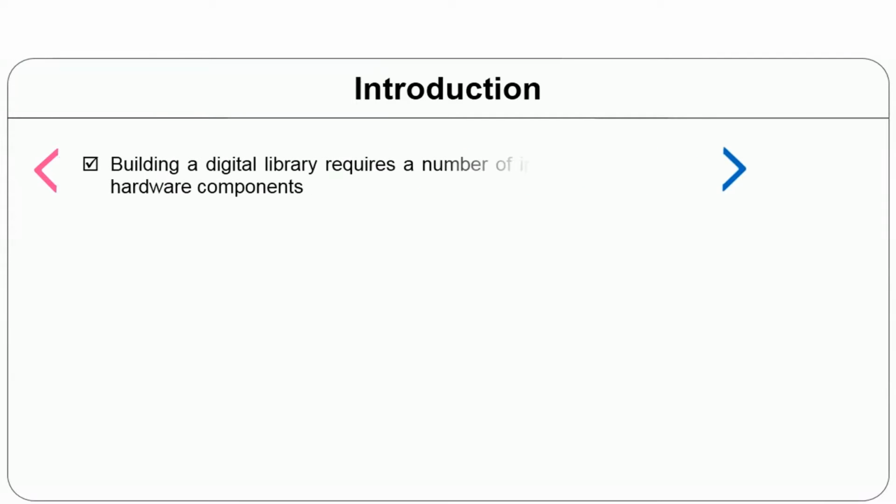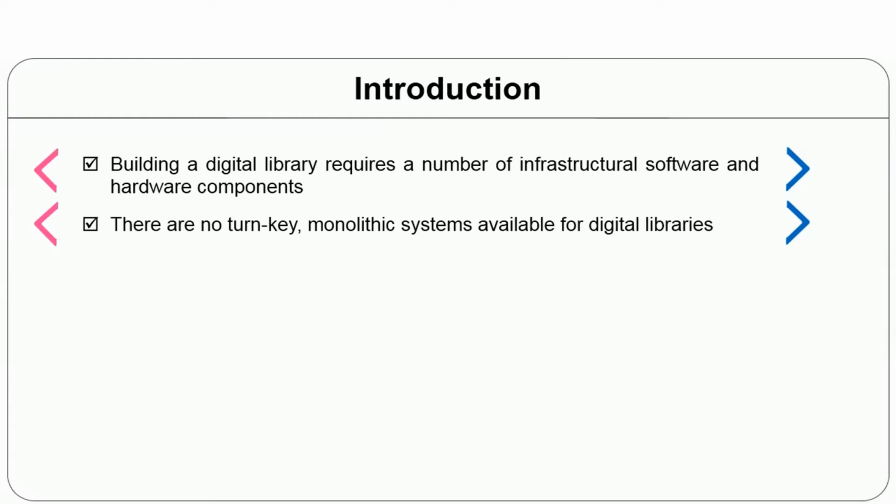We have already seen building a digital library requires a number of infrastructural, software and hardware components. There is no turnkey kind of project or monolithic system available for digital library. You cannot go to a store and purchase the best digital library infrastructure. It's a combination, built as well as depending on many of the technologies and infrastructure which is already there.